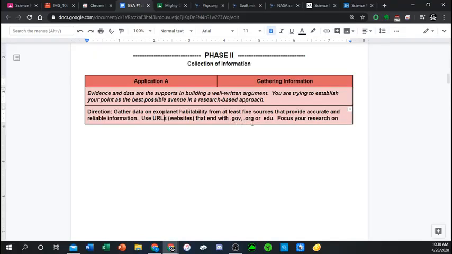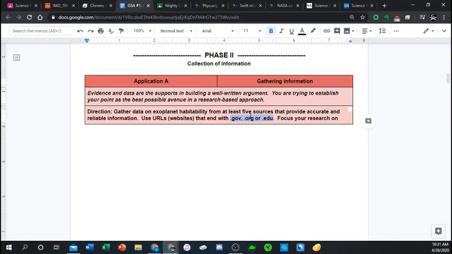NASA is probably your best. .org, different organizations, and then .edu, different universities and colleges. They provide information to their students, or many of their professors are research professors and research scientists themselves and produce information for the college or university. So those are your 3 primary ways to get an accurate, reliable source.